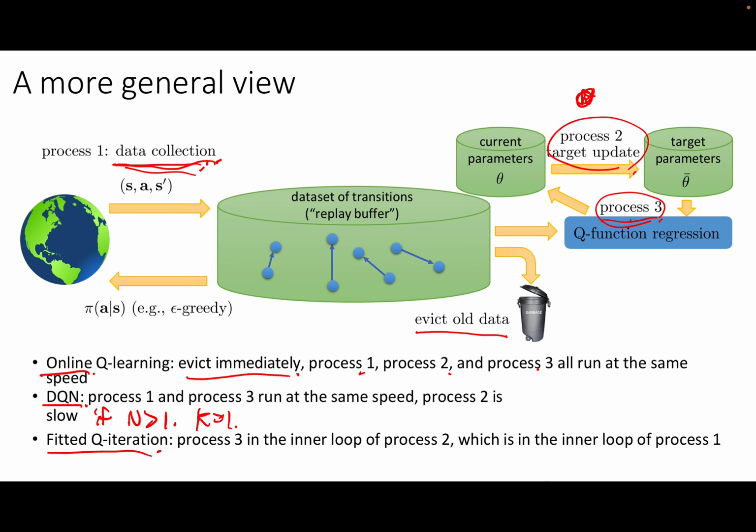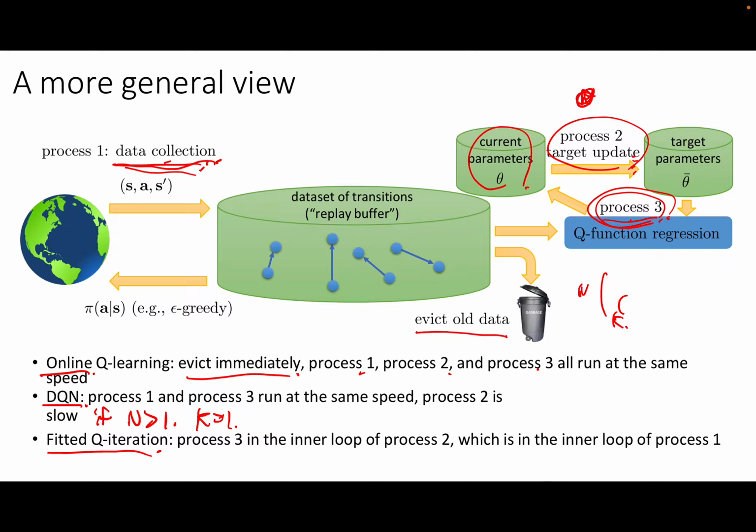Here, process 3 is the outer level, then within it the inner level process 2, and then within that the inner level process 1, right? So we have 2 inner loops. The first one is N, which updates the target network, and the innermost loop updates our current parameter theta. So there are N and K, 2 inner loops.